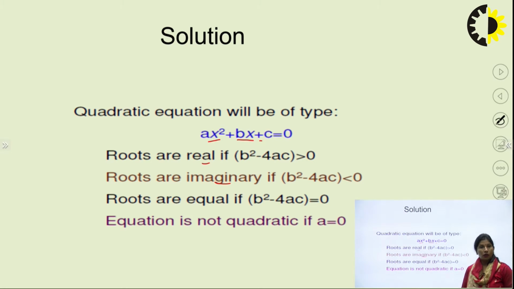The equation is not quadratic if a is equal to 0. So these are the conditions and the outputs: the output will be either real, imaginary, equal or not quadratic.